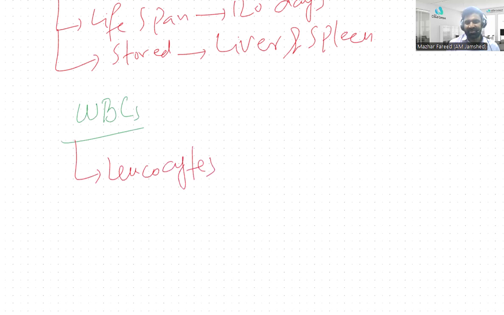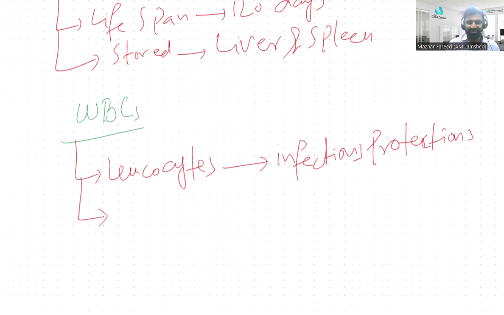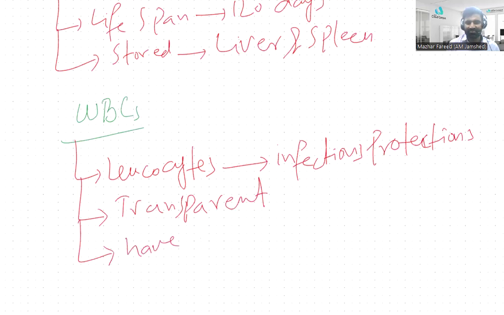Leukocytes are very important for infection protection. And WBC are transparent, they have no pigment. They have a nucleus. These are the proper cells of the blood.